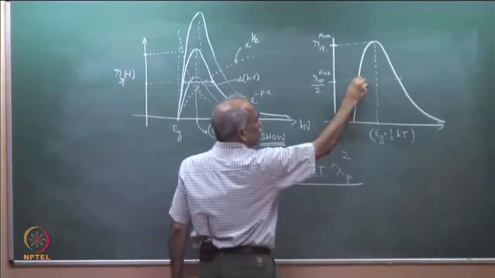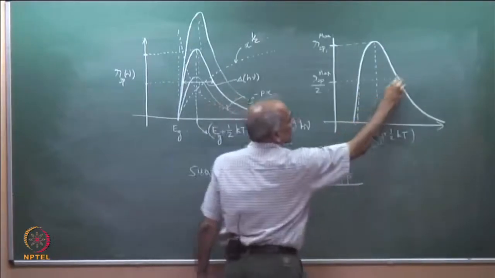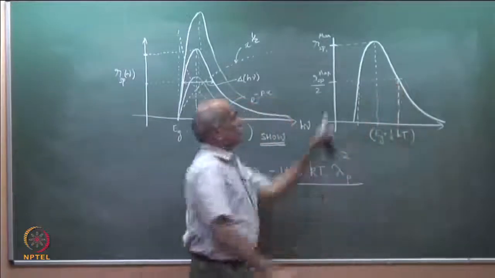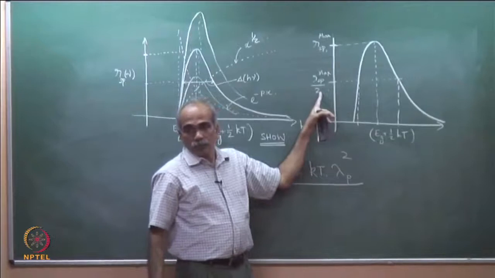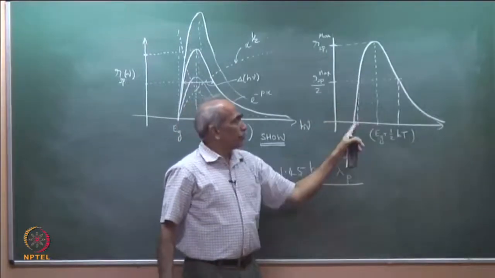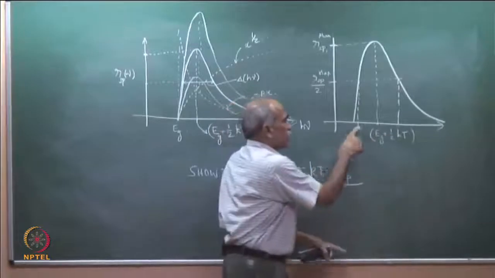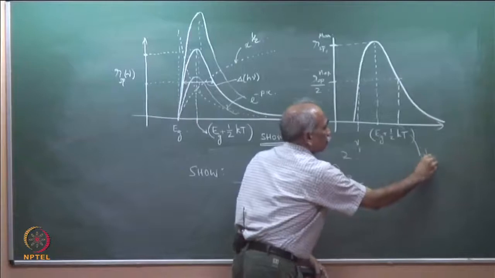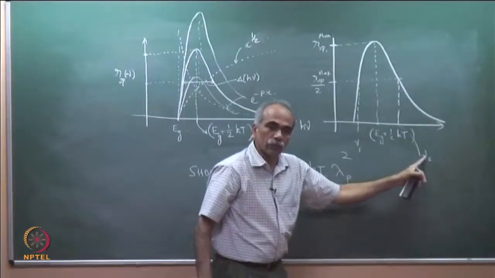There are two values of h nu and hence nu. You will get two different values for which you will have the value RSP max by 2 at two different h nu values. So, correspondingly you will get two frequencies, nu 1 and nu 2, h nu 1 and h nu 2.